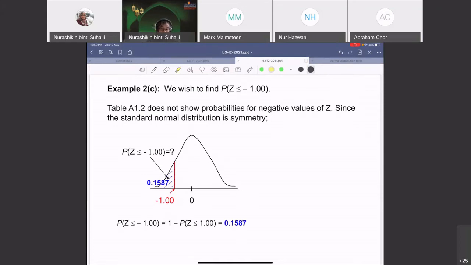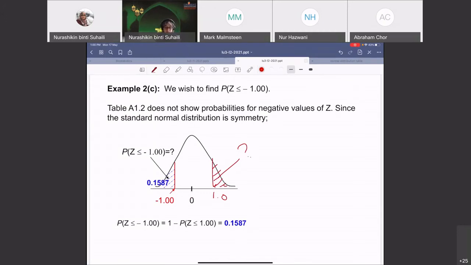It is symmetric, right? So it means that the area here will also be equal to the area if you sketch here when Z is equal to 1. So you have to find this area, because it's the same.